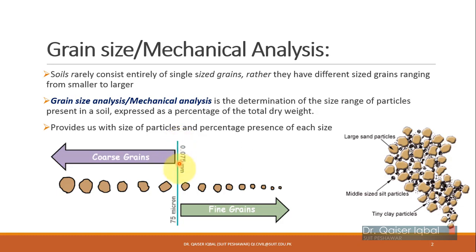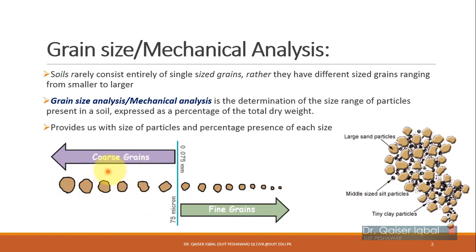So the particles which are smaller than this are classified as fine grain, which we will be later on discussing as silts and clays. And the particles which are greater than 0.075 millimeter in size are classified as coarse grain particles, and that includes sands and gravels, okay.